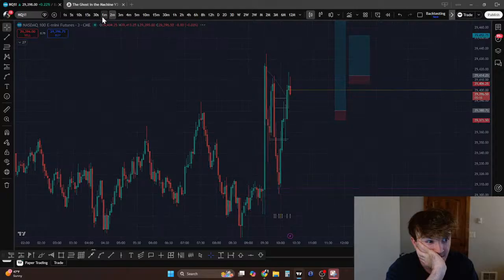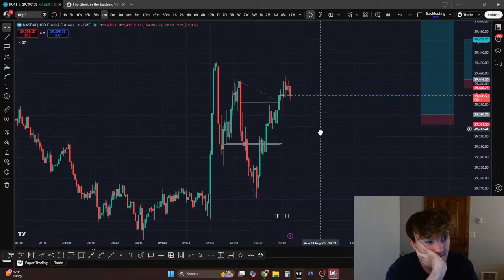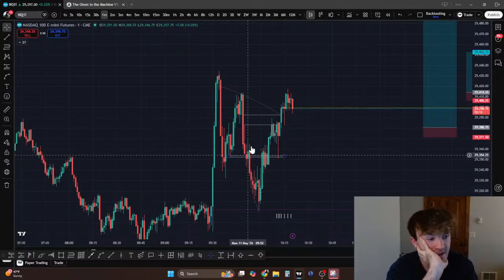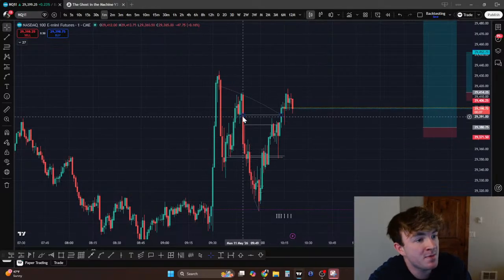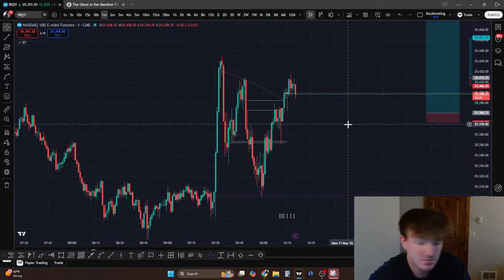This isn't even a fair value gap to reject. I guess it is kind of, but I think if it was gonna reject a gap, it would have rejected this one.